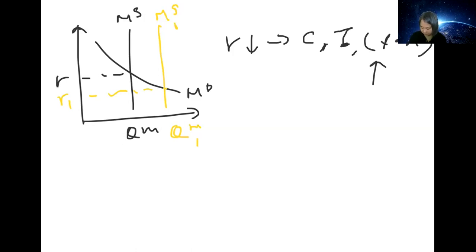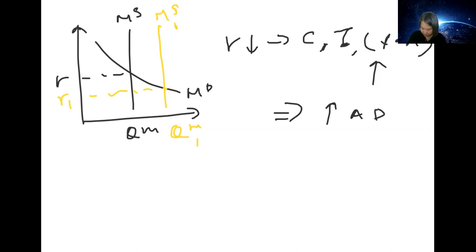And when these sectors increase, you're going to see an increase in aggregate demand. That is what the Bank of Canada does to try and stimulate the economy: it increases the money supply and reduces interest rate, which stimulates consumers to go out and spend, businesses to invest in their business, and our trading partners to buy more of our goods, thus increasing aggregate demand.